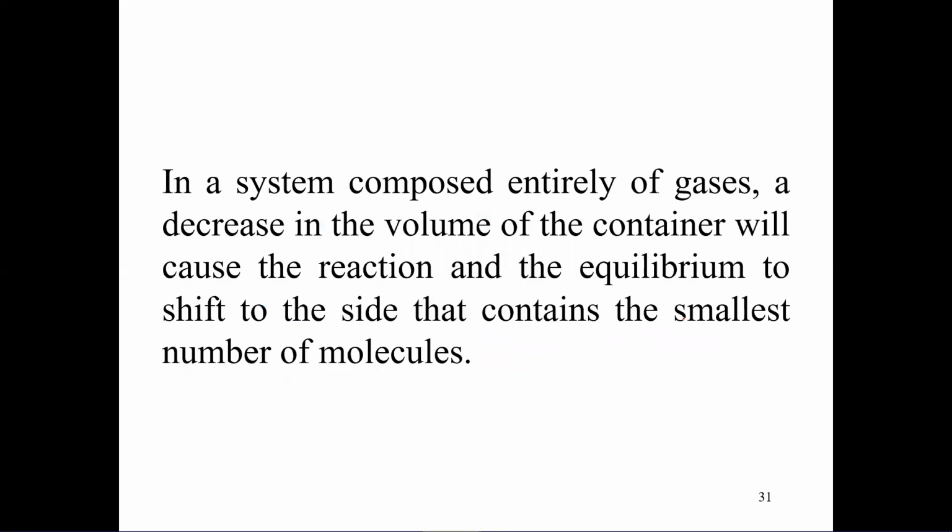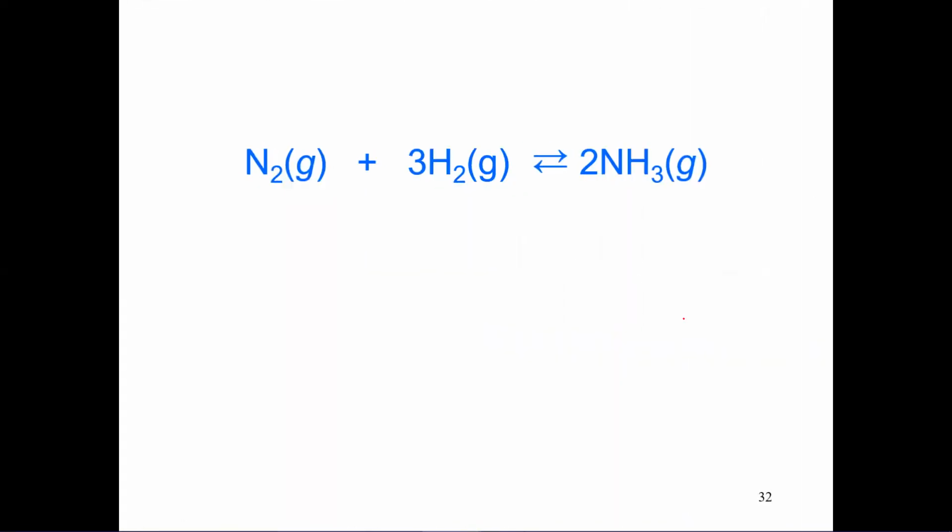If a system is composed entirely of gases, a decrease in the volume of the container will cause the equilibrium to shift to the side that contains the smallest number of molecules. So let's look at an example here of nitrogen plus hydrogen forming ammonia.